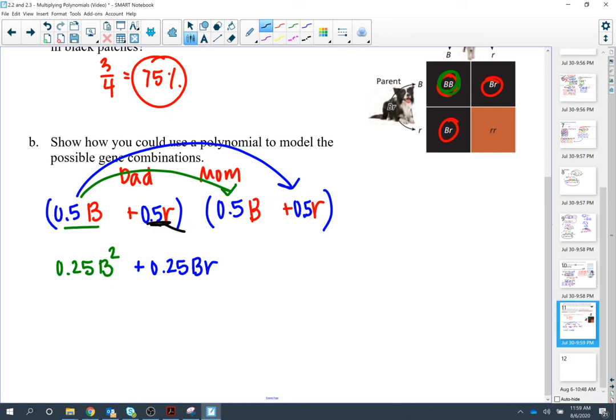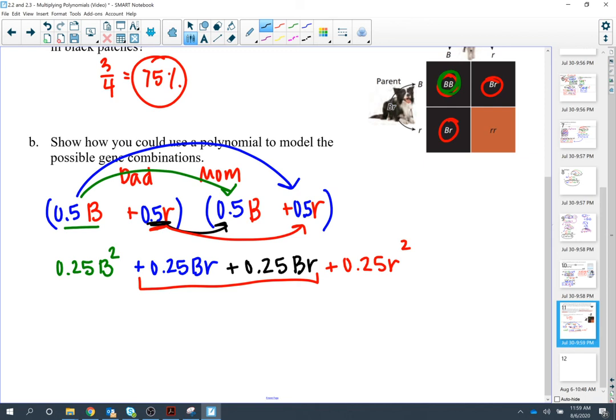Then we've got here to here, so plus 0.25 big B little r. And again, you could write rB, but put it in the same order we put it before. And then 50% and 50% r r is 0.25 little r squared.